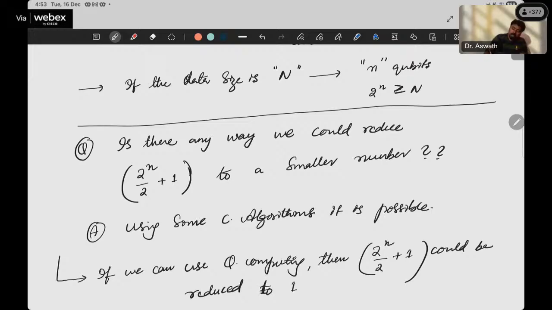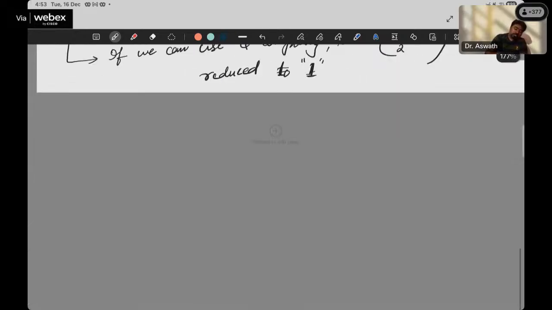Just 1. With one query, we can find out whether the function is constant or balanced. The very important thing is we should use quantum information processing. How this is possible is the Deutsch-Jozsa algorithm.